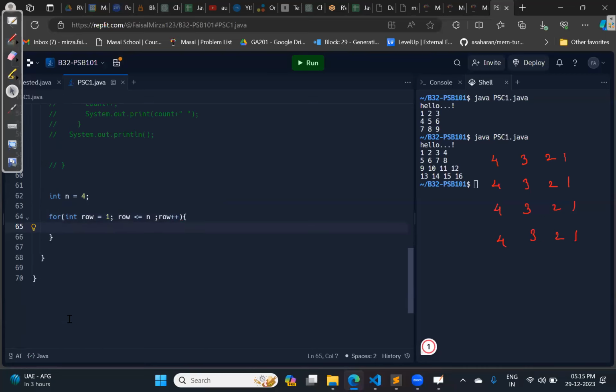After that we have to create another loop which goes from n to 1: column equals n, column greater than or equal to 1, column minus minus. So you are running the second loop in the reverse direction, right? And then we have to System.out.print, and after that, println.